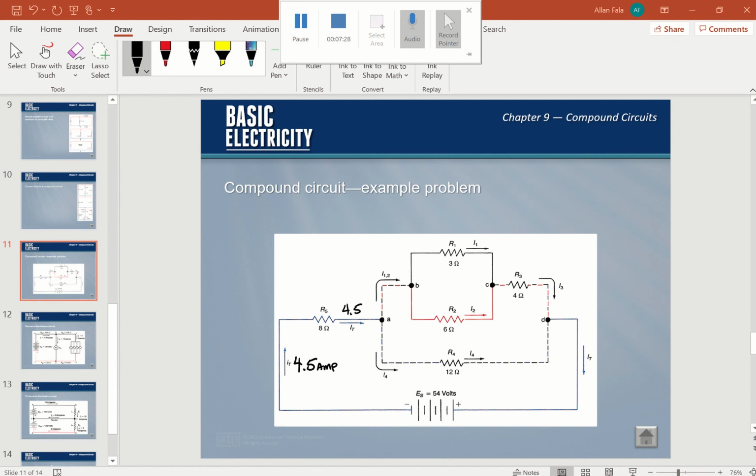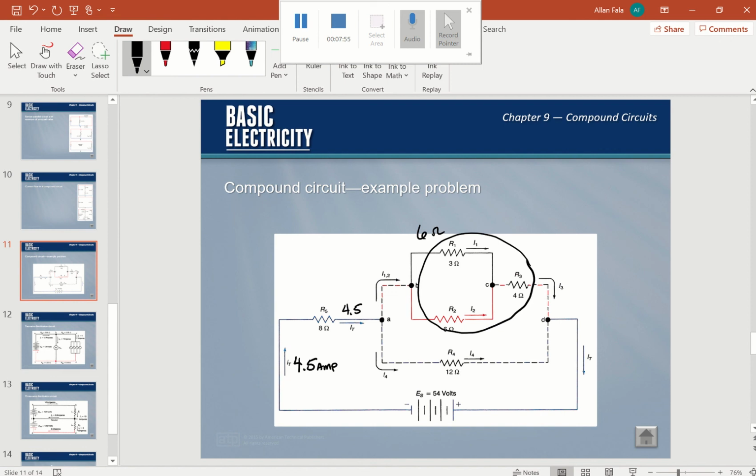When we get here to this junction where the current is going to go 2 ways through the parallel circuit, we know that the total resistance here, when calculated, was 6 ohms, and the total resistance of R4 is 12 ohms.